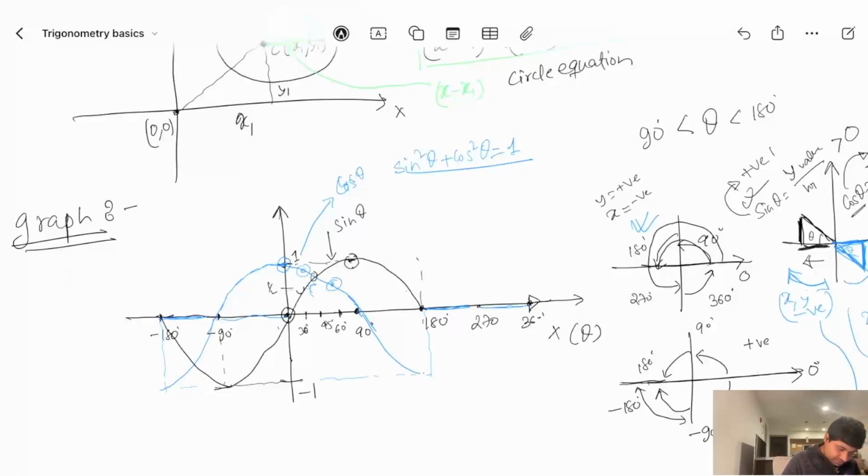If I draw the same thing on that side, this is our sine curve in black. It's coming here. Cos is going back here.